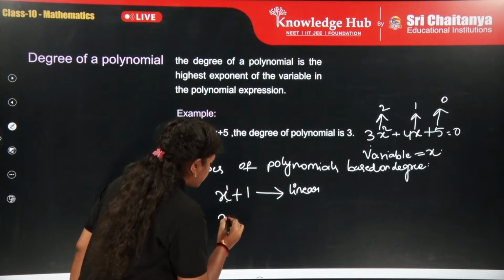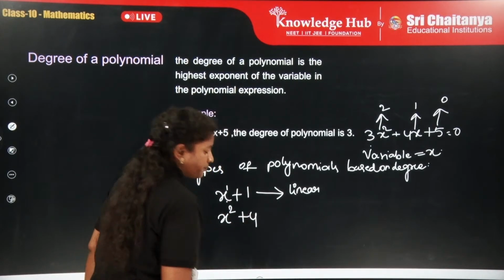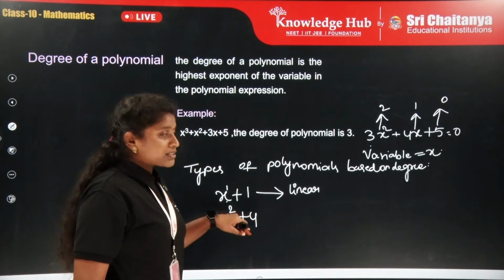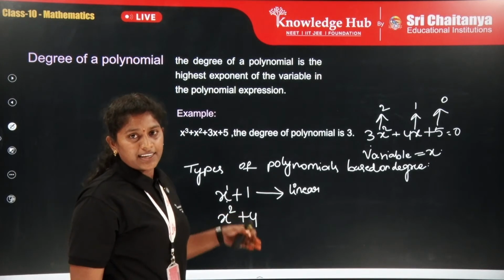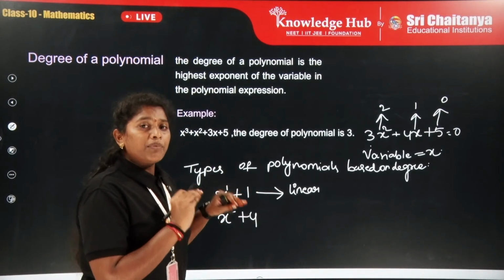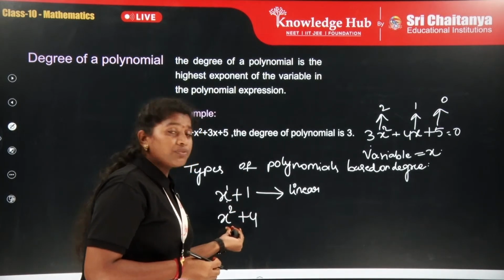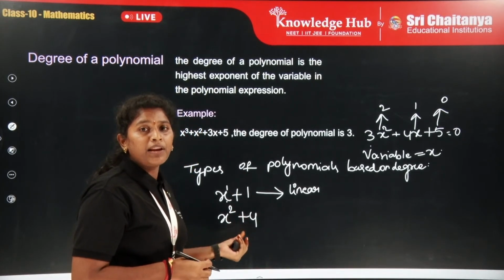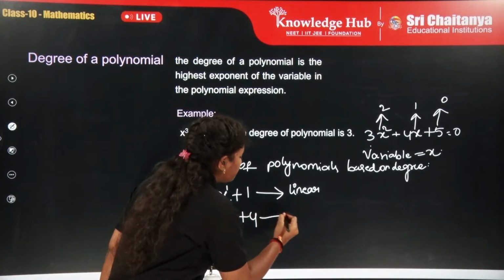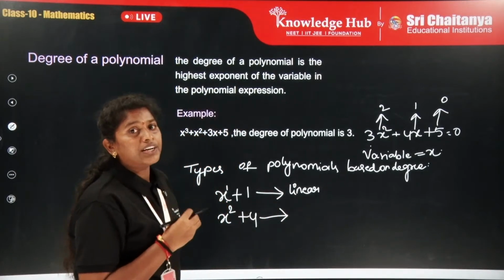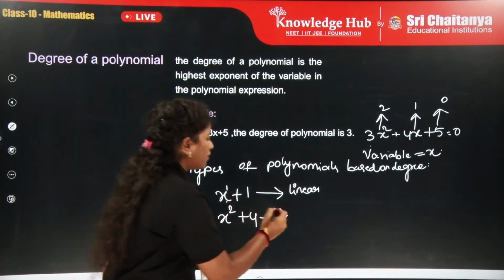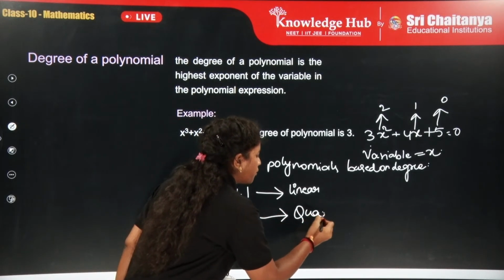Moving to the next example, consider x square plus 4. Here you can ask me, ma'am, we are not having the x term. Yes, understood. We are not having the x term, but if you observe here, we are having the highest power of the variable as 2. That means if you are having a degree of the polynomial as 2, then we are going to call it the quadratic polynomial.